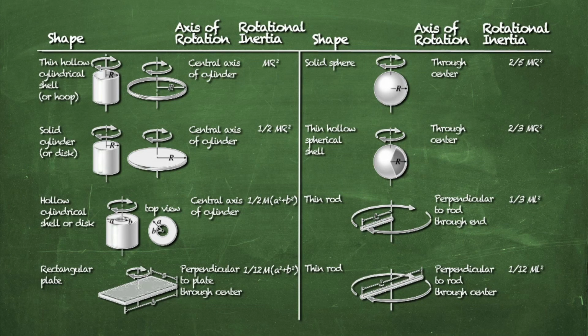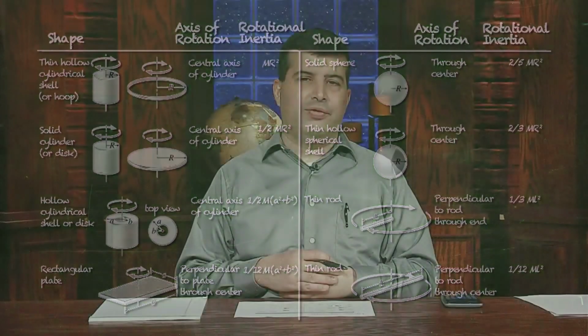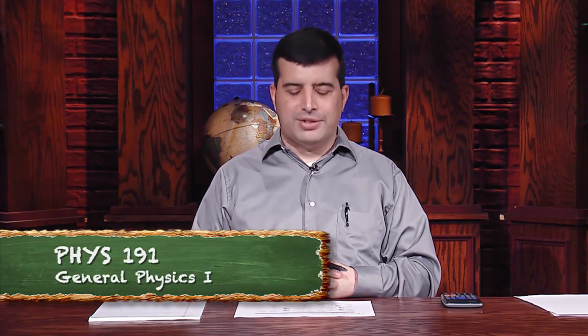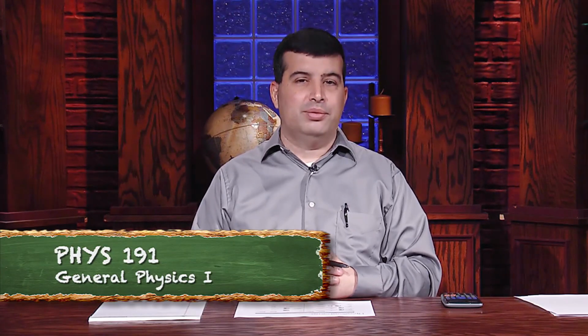Now a rod spun about its center, so if you think of a baton being twirled, has less rotational inertia. That would be 1/12 mass times length squared. Now, I don't expect you to memorize all of these. If you're taking this class for credit and you're going to have to take a test, you will have access to this table.